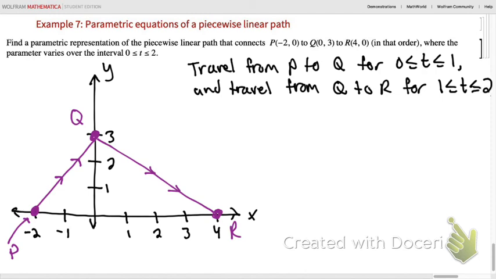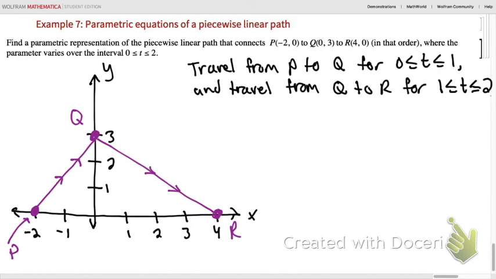Okay. The next thing is, remember the equation of a parametrization. If you want to start at the point negative 2, 0, the easiest thing to do is to parameterize the curve from P to Q. It gets a little bit more difficult to parameterize from Q to R, but also make sure that it traces out that segment of the curve between 1 second and 2 seconds.